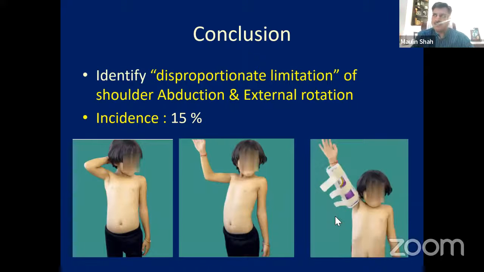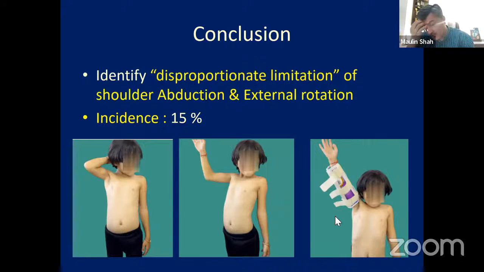We have found the incidence in this population is about 15% in our study, meaning that one child in every 6 children with residual brachial plexus palsy has this clinical presentation, which is very common. And if we just keep on doing the same tendon transfers in all the patients, then the result would worsen the performance of these children.